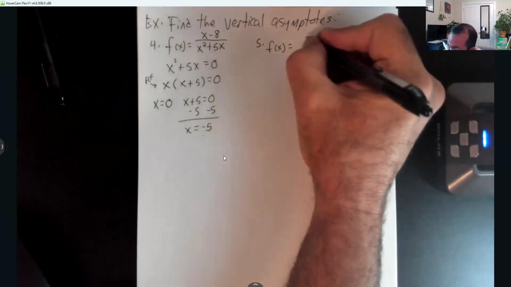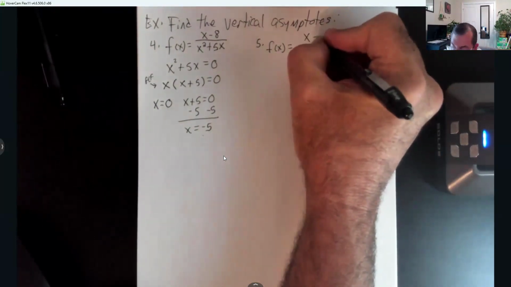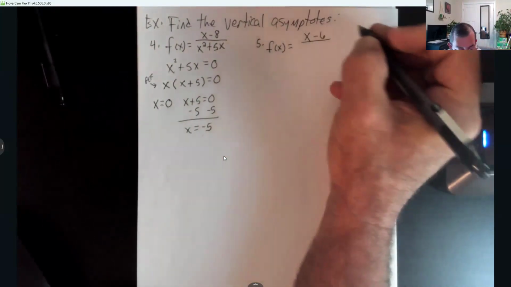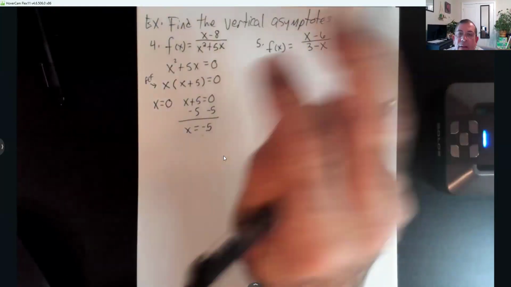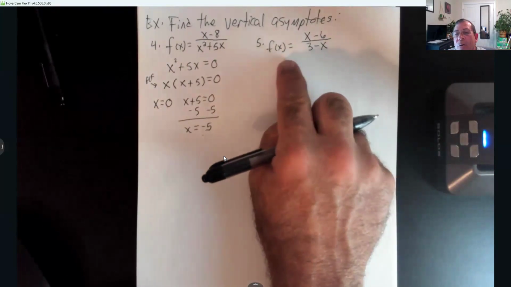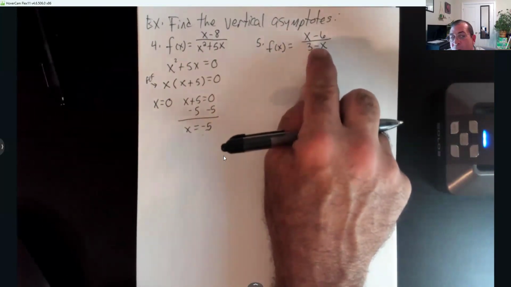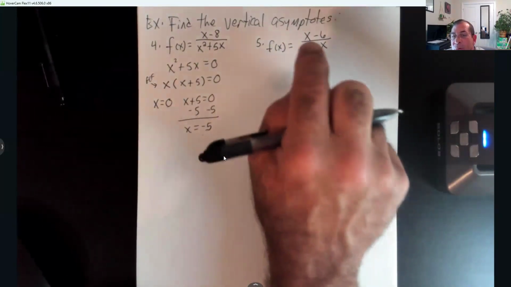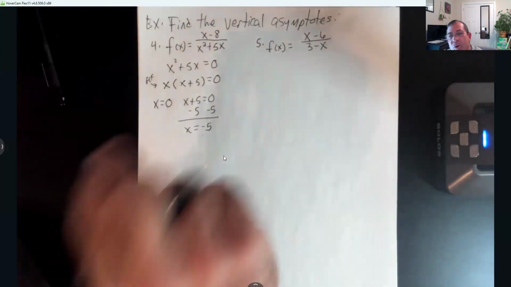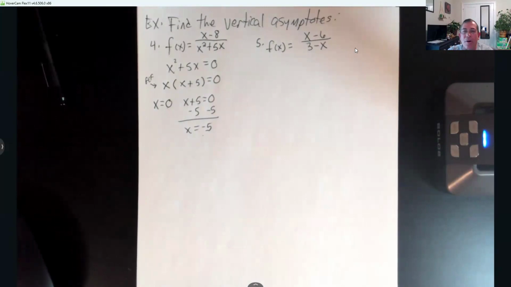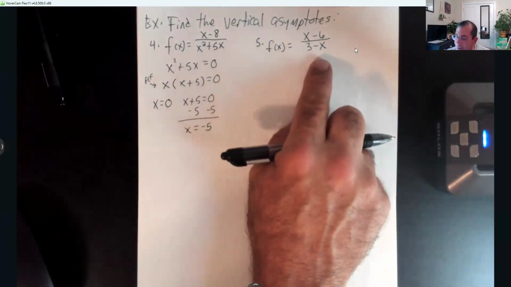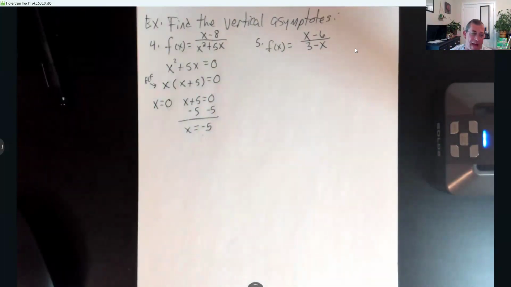So y'all, let me see what I got. X minus 6 over 3 minus x. How about y'all give me the vertical asymptote for this problem, and then we'll do a break. So I need one of y'all to tell me what is the vertical asymptote for number 5.